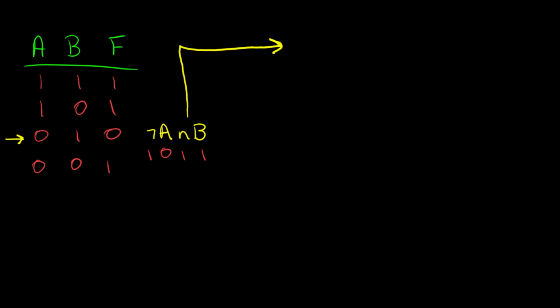We see that this formula comes out as true whenever the function here outputs a value of false. So the formula not A and B is true just in the case where the function is false. So if and only if the function is false.